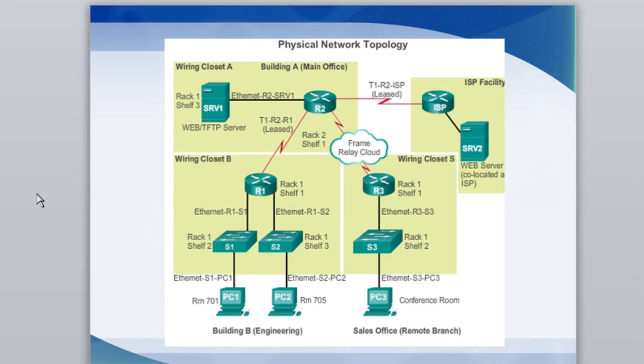As you can see here, it's our network. There are routers, switches, servers, and if we look closely into the diagram, we can see here, for example, this server has its name, what it is, a web TFTP FTP server, and its physical location, the first rack, the third shelf.